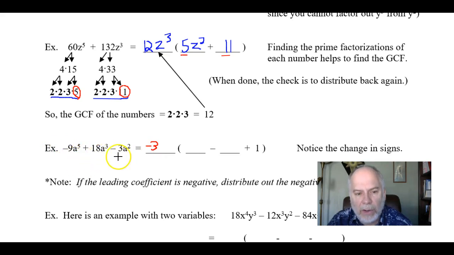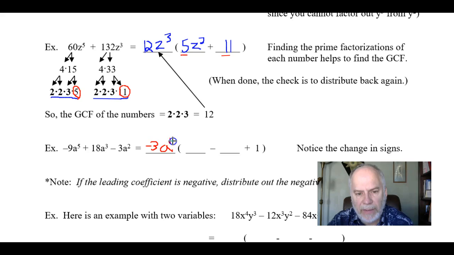Only 3 goes into all three numbers, 9, 18, and 3. All right, so then if I divide negative 9 by, okay, let's think about the variables. So a to the 5th, a to the 3rd, a to the 2nd. So a to the 2nd is the highest number of a's that can be distributed out of all three things. Remember, it's the one that has the least that limits you to how many you can do. So I can only do 2 a's, so it'll be a to the 2nd power.